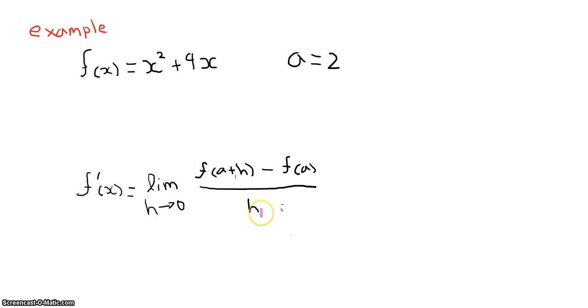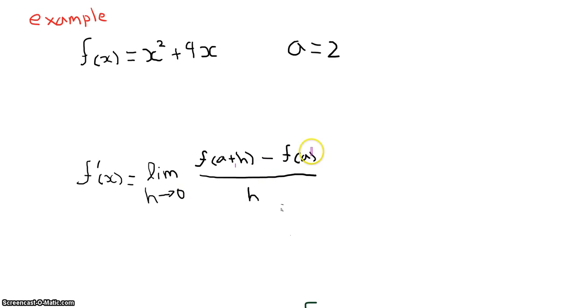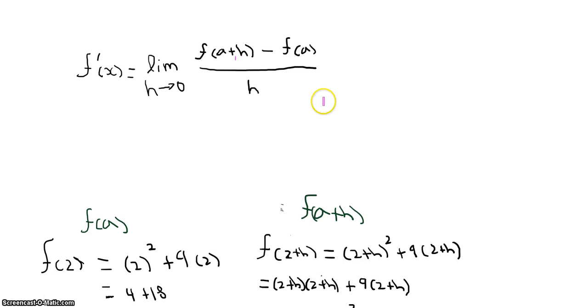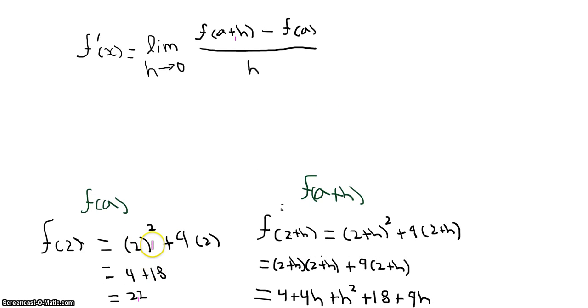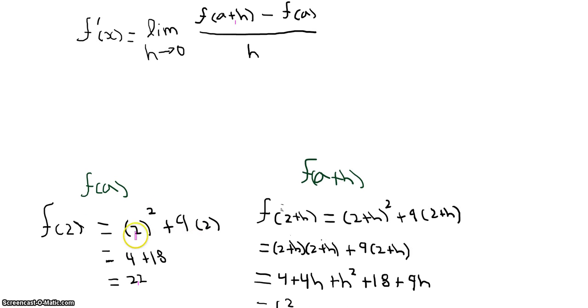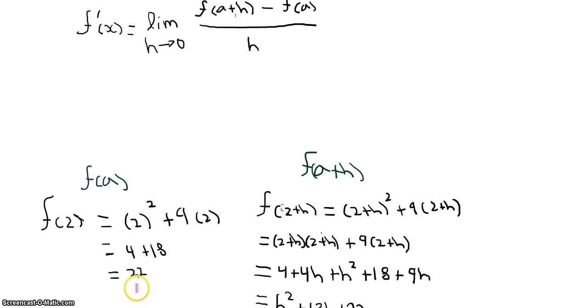H itself we're going to leave for now, because eventually we're going to have to find the limit of it. So first we can start with f of a, which is easy. You just plug a into the function. So you get a squared plus 9 times a. So you get 2 squared plus 9 times 2, 4 plus 18, which equals 22.